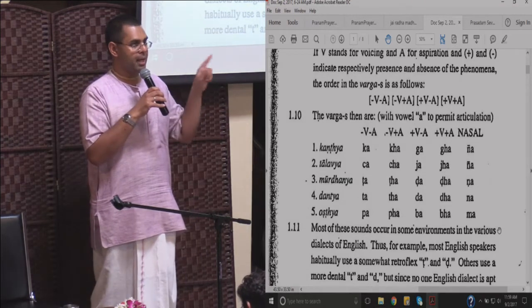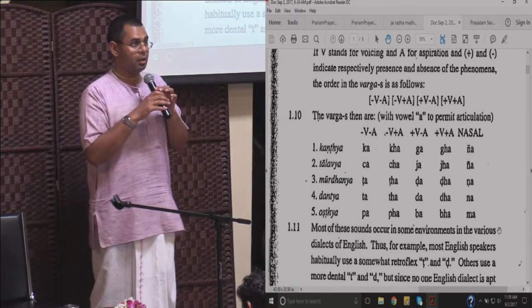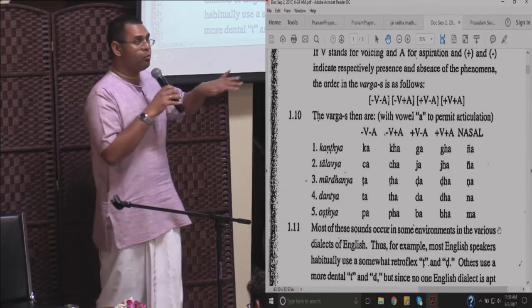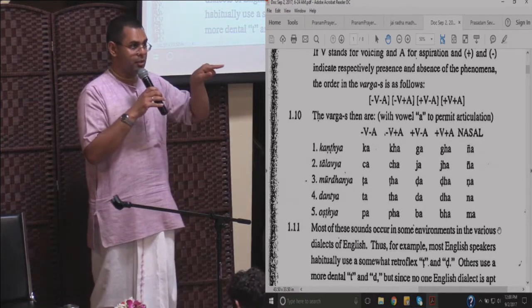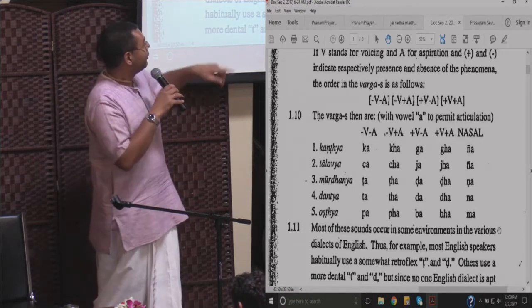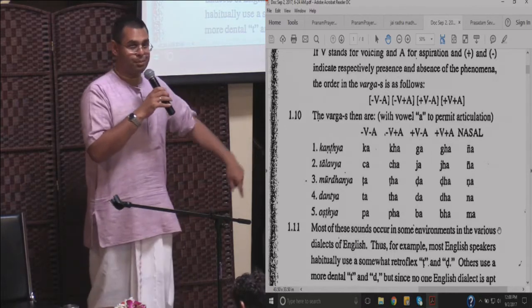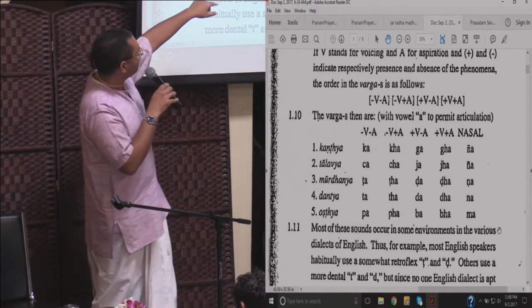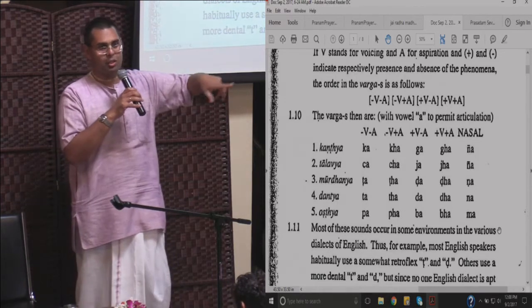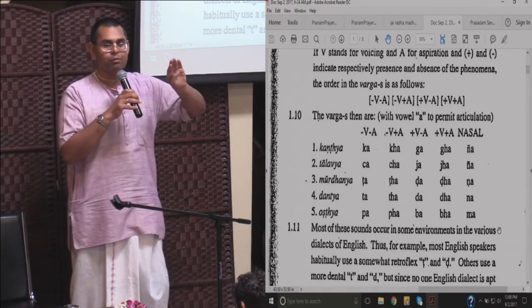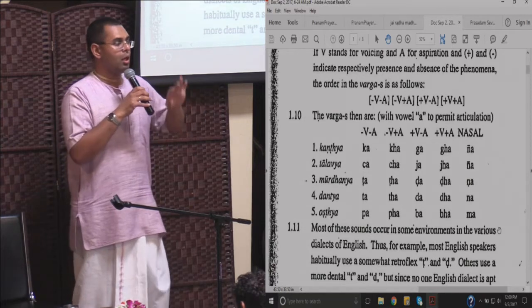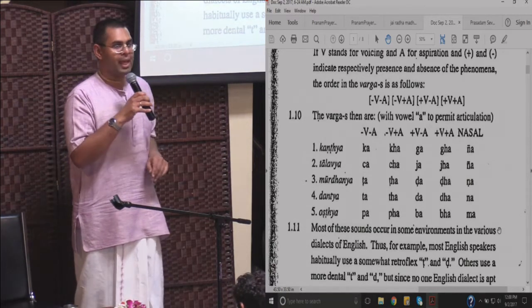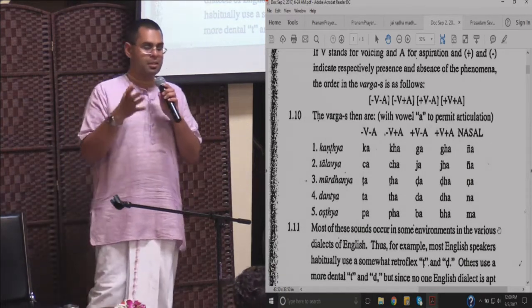And so the first column has no voice and no aspiration, minus V, minus A, ka. The second one has no voice, but it does have aspiration, plus A, kha. The third one is voice, no aspiration, ga. And the fourth one has voice and aspiration, gha.